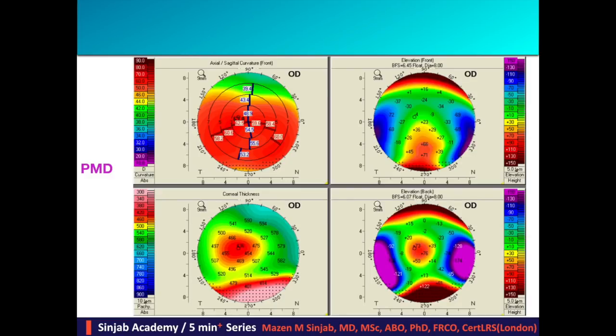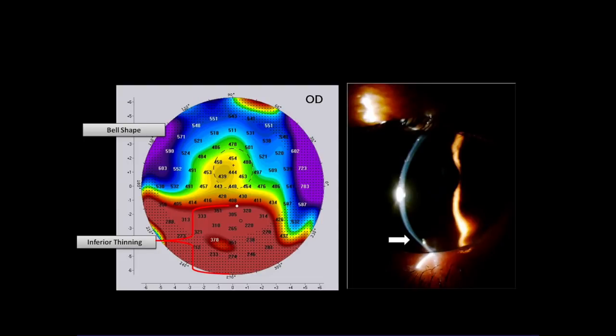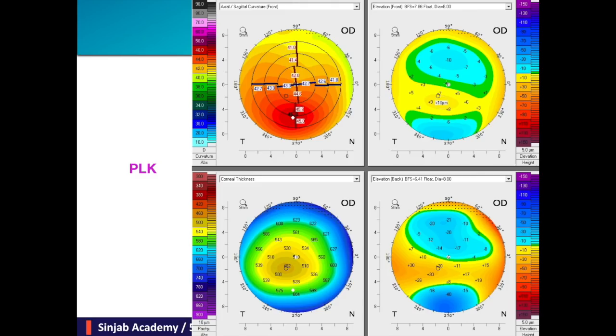In pellucid marginal degeneration, we find, in addition to the abnormality on the anterior curvature map and posterior elevation map, the anterior elevation map takes the shape of a crab claw, in addition to inferior thinning in the cornea, which very frequently takes the shape of a bell. So it is the bell shape corresponding to the inferior thinning of the cornea.